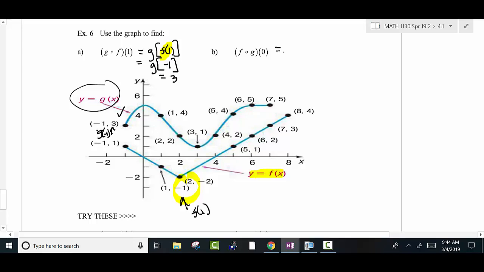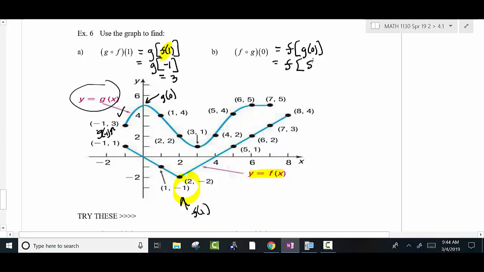Same thing here. You would do f of g of 0. What's g of 0 look like? When x is 0, what's the value of g? That's the looped function. That looks like a 5 to me. Right there is g of 0. G of 0 is equal to 5.